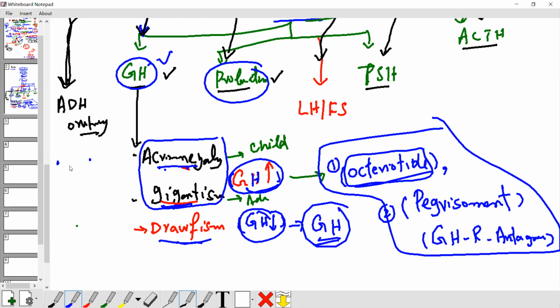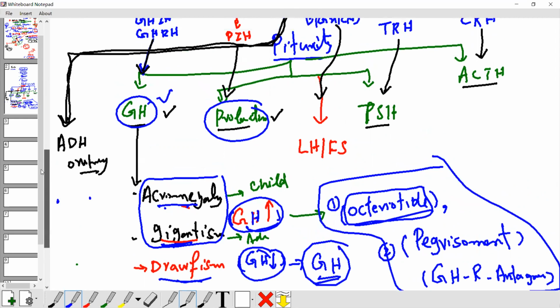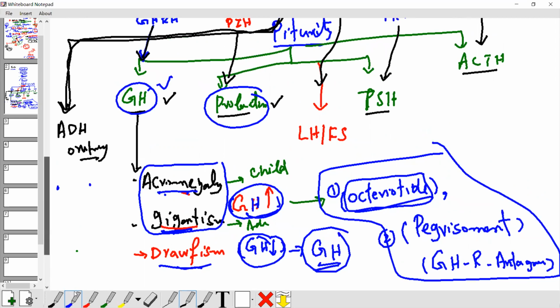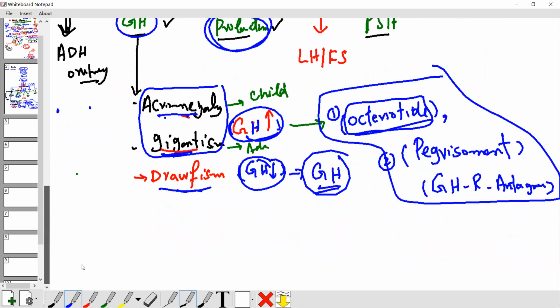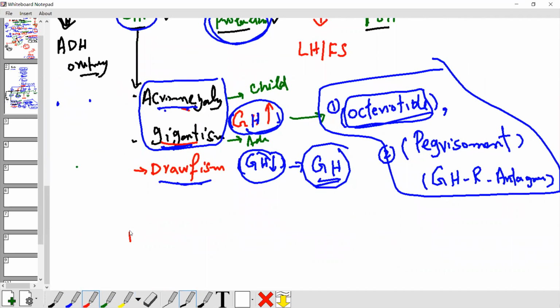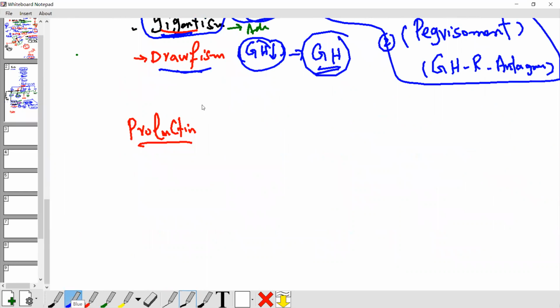Okay, now move on. The next issue has to do with the pituitary and prolactin. Now, prolactin problem: the most common tumor inside the pituitary is related with prolactin. The second most common is related with growth hormone.